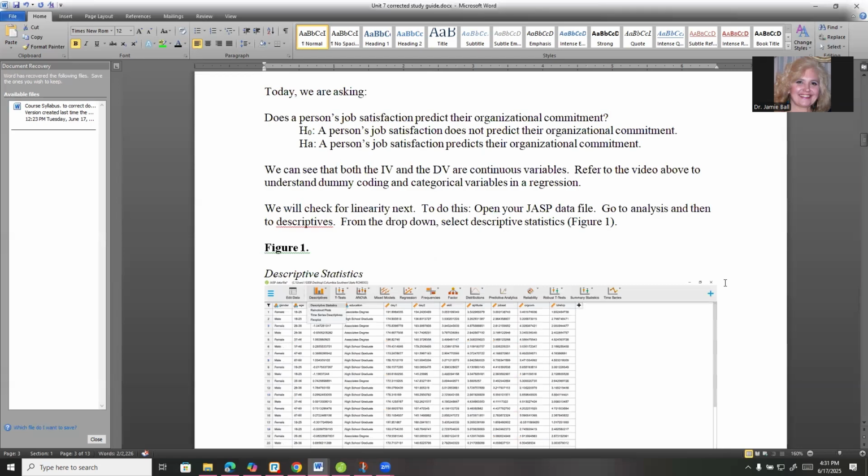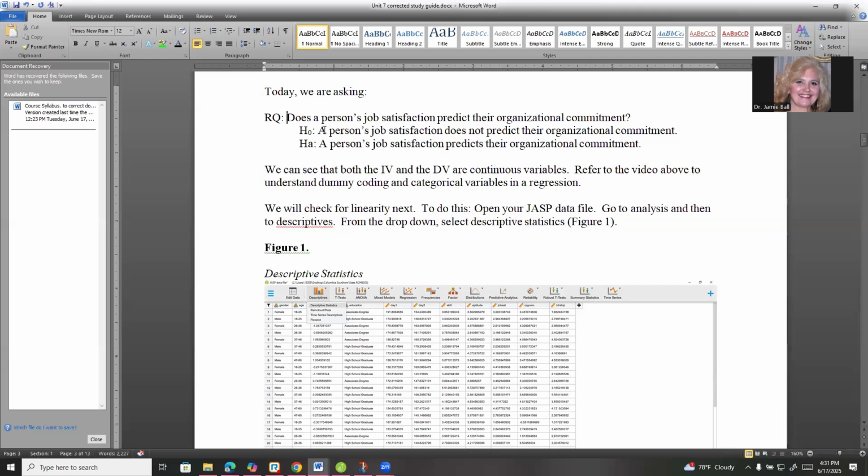All right, so today our research question is, does a person's job satisfaction predict their organizational commitment? So that's beyond a relationship, right? Is there a relationship between job satisfaction and organizational commitment? We're asking, for every change in job satisfaction, what is the change in organizational commitment is part of what we're asking here.